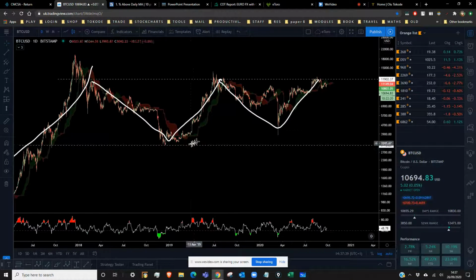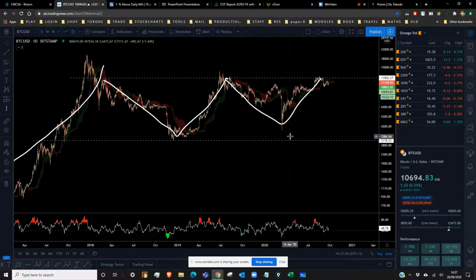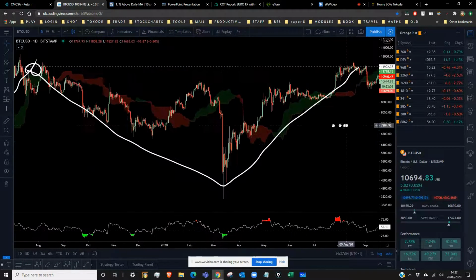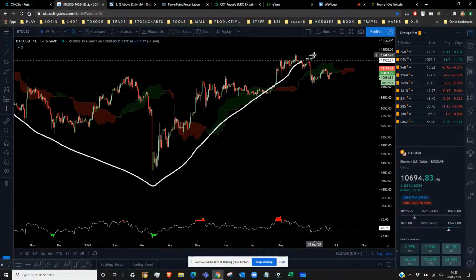Although looking at this short-term trend, it looks like Bitcoin is in an uptrend. When you look very closely and you zoom in and view this on the daily time frame, this looks like a very strong uptrend.